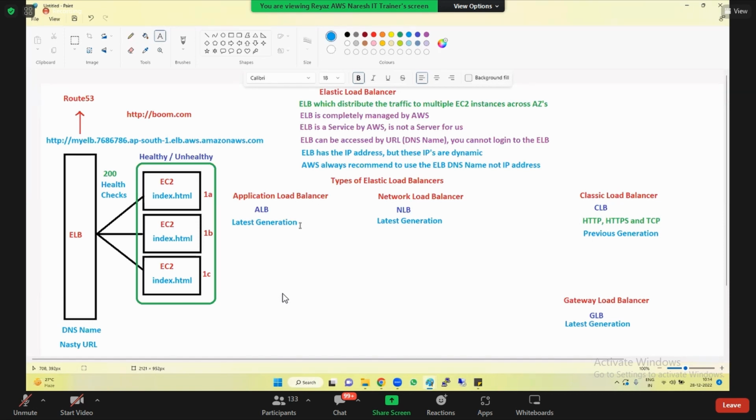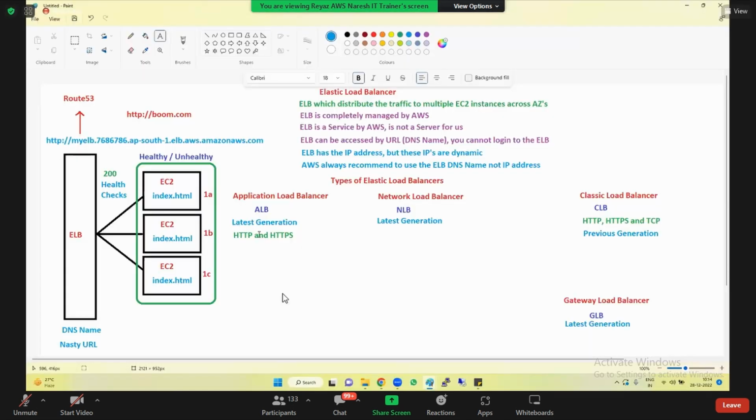So everyone, if you want to go and set up any application, the default load balancer that 99% of people will select is ALB only, application load balancer. And this application load balancer obviously works on HTTP and HTTPS. Right?